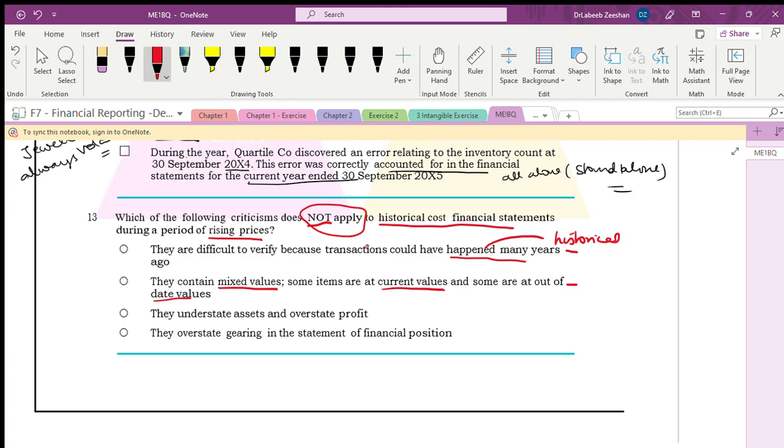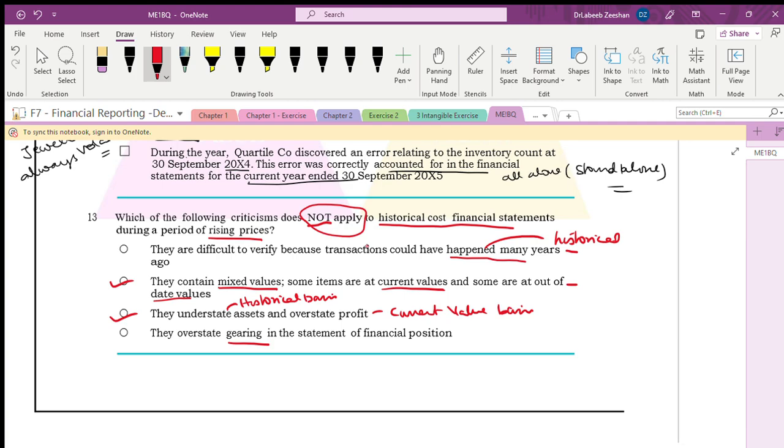They understate assets and overstate profits. Assets are on the historical basis, profits will be on the current value basis. It is applicable, is it right? This is the criticism. They overstate gearing in the statement of financial position.